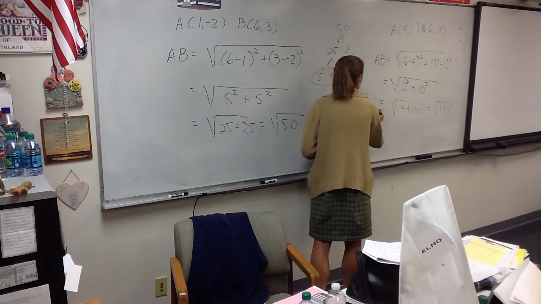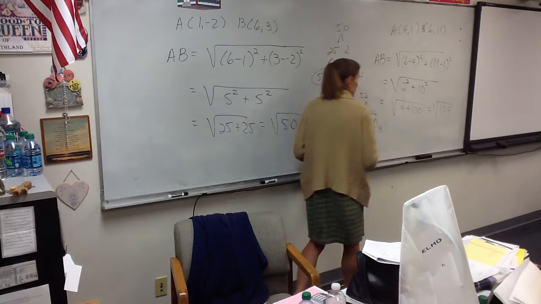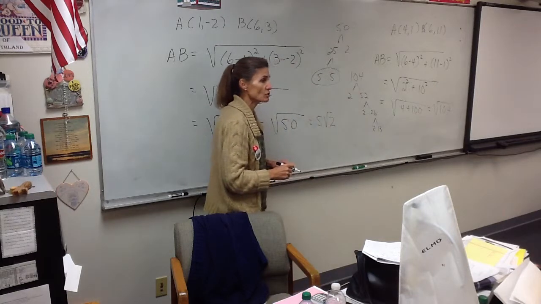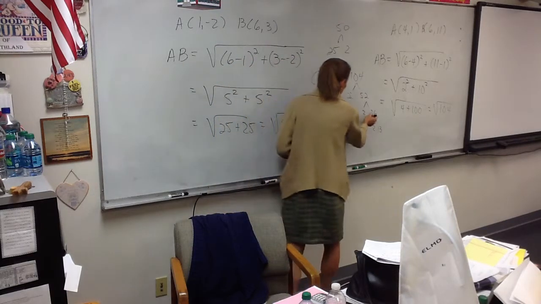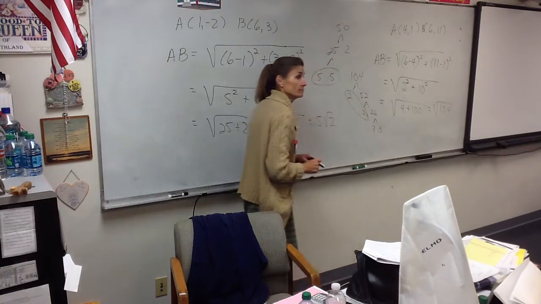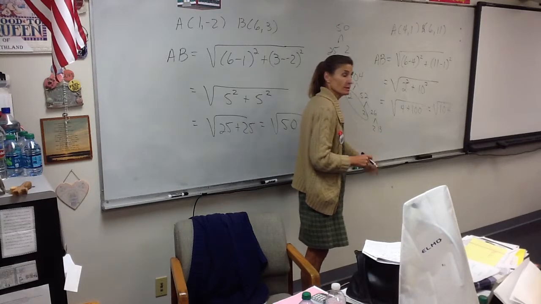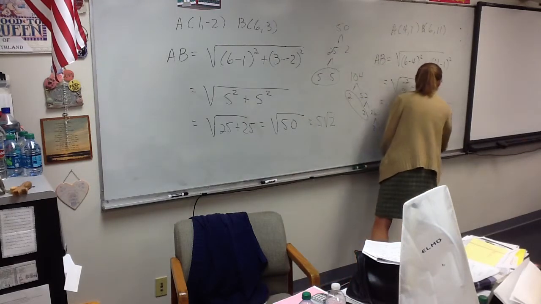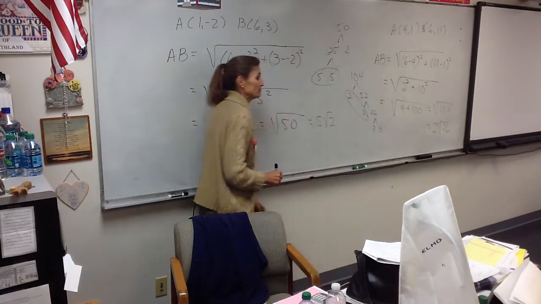And 52 is 2 times 26. And 26 is 2 times 13. See how easy that was? Just keep going by 2's. So I got 2 2's and a leftover 2 and 13. So 2 radical 26. You are exactly right.